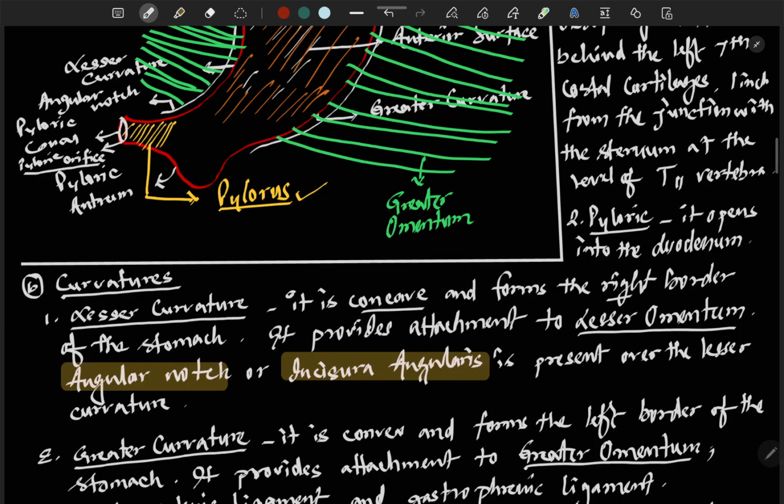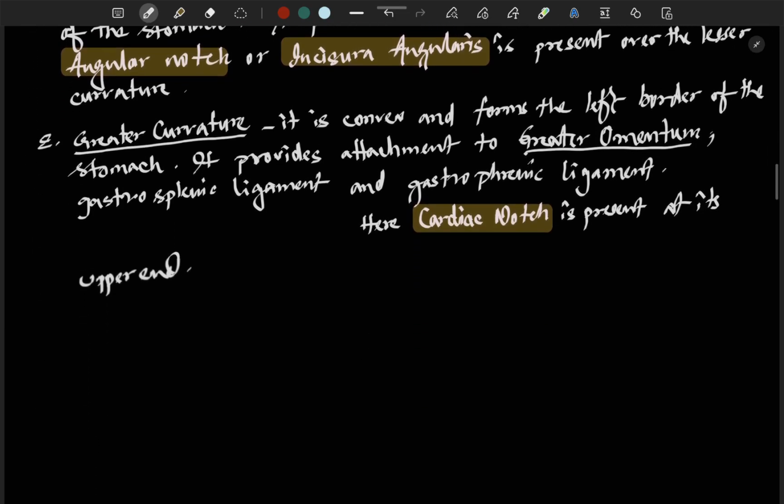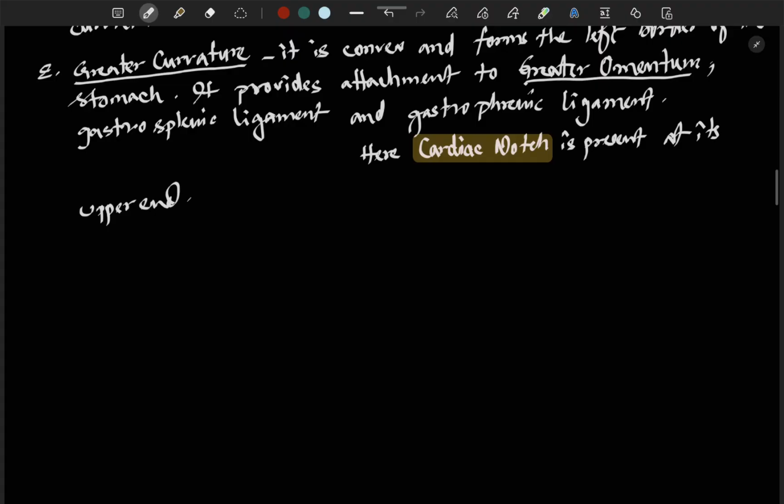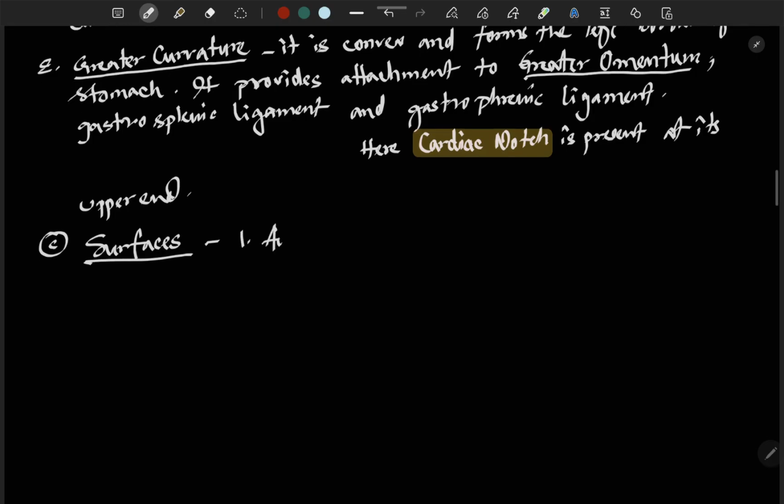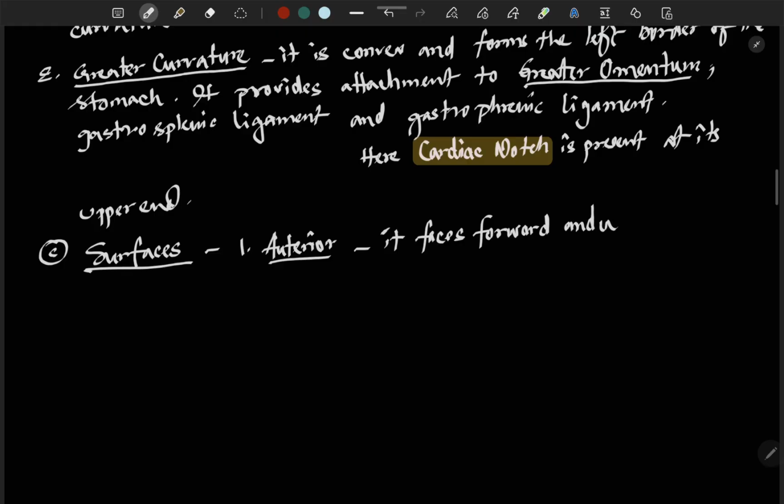Next, we'll go to the surfaces. Two surfaces are there. One is the anterior surface. It faces forward and upward.